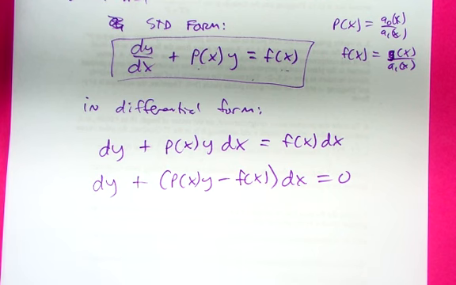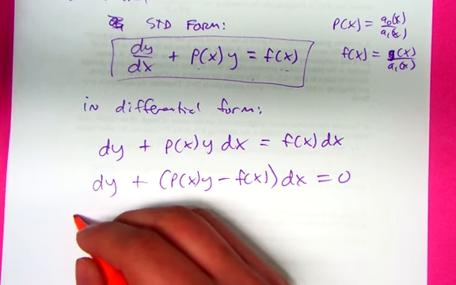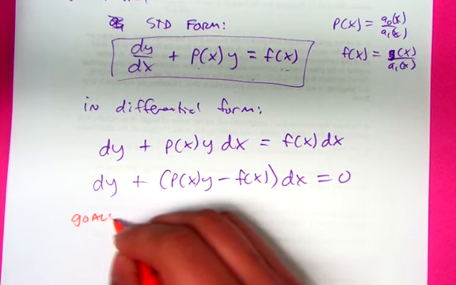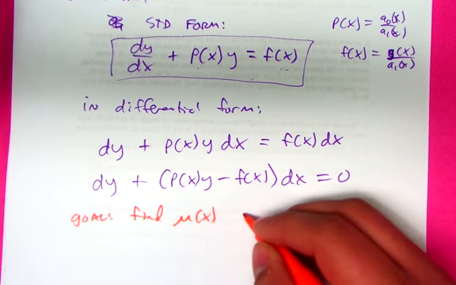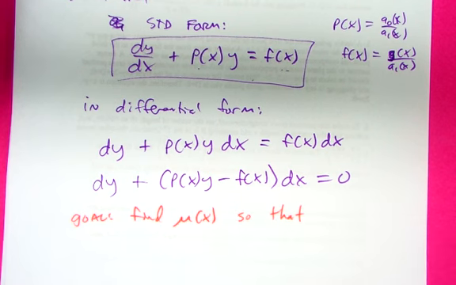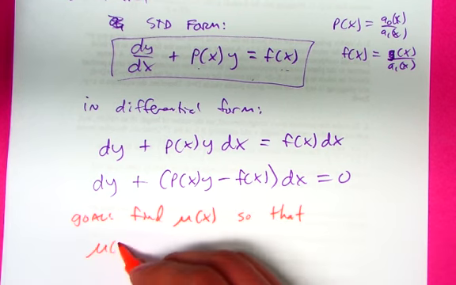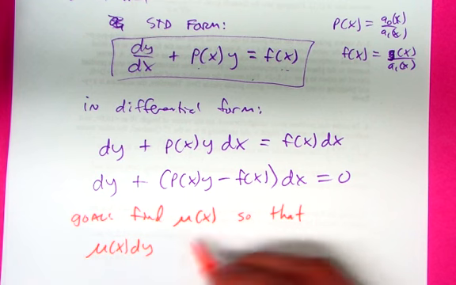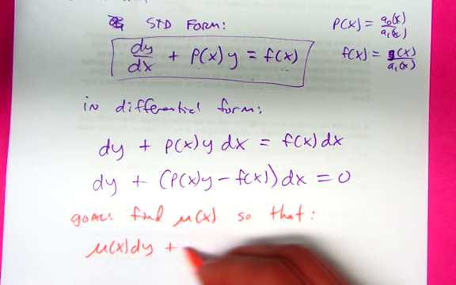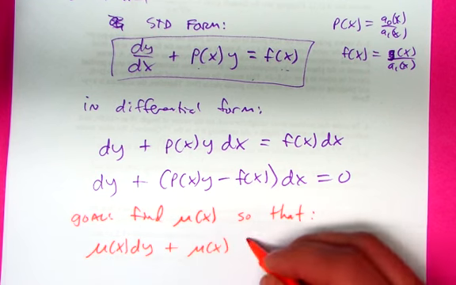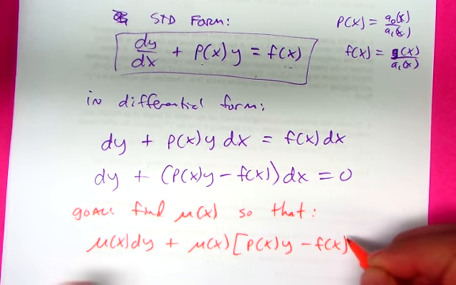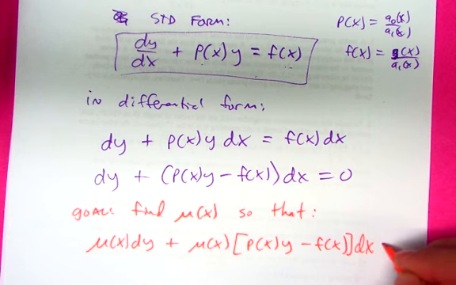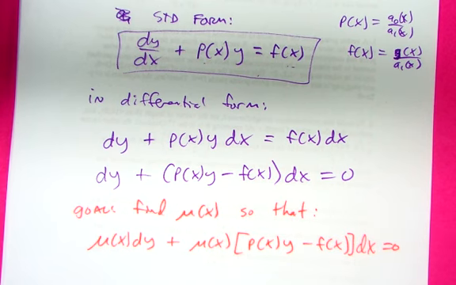Okay, so the goal at this point is to find mu of x so that when I multiply through by mu of x, mu of x dy plus mu of x times p of x y minus f of x dx equals 0 is exact.